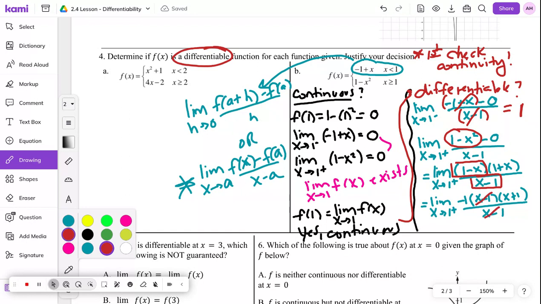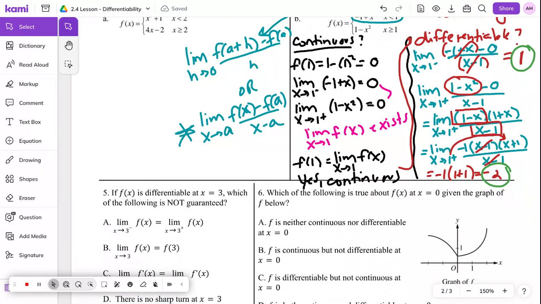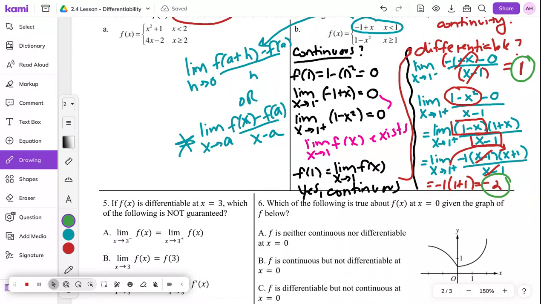I'm going to substitute that 1 in, and so I get negative 1 times 1 plus 1, which is negative 2. And it looks to me like these slopes do not line up, and so for that reason, I'm going to say f of x is not differentiable. You have to go back and answer the question.